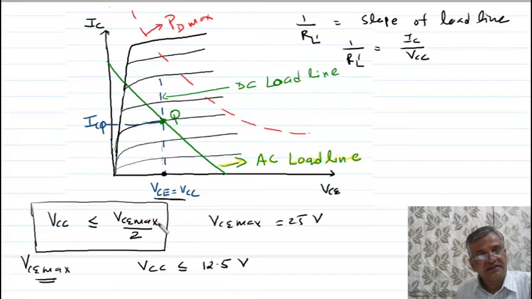VCE max is given by the manufacturer for a given transistor. That's why I told you this load line should be drawn so that this maximum voltage should not be more than VCE max. This can be achieved by taking VCC less than or equal to VCE max by 2. I think you understand. So remember, VCC should always be less than or equal to VCE max by 2.